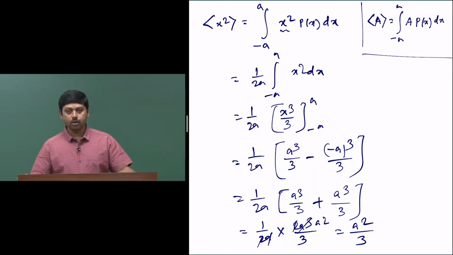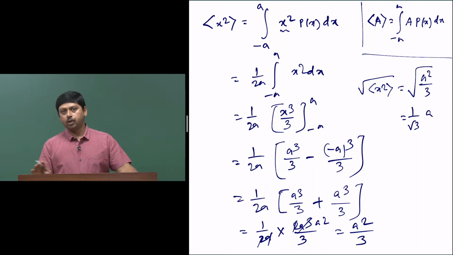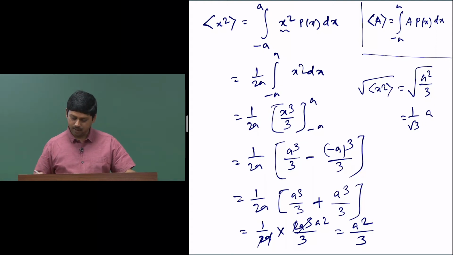This is the variance, and the standard deviation is the root of the x square average, which is the root of a square by 3, which is 1 by root 3 times a. So, it is a little bit less than a when you calculate that average.